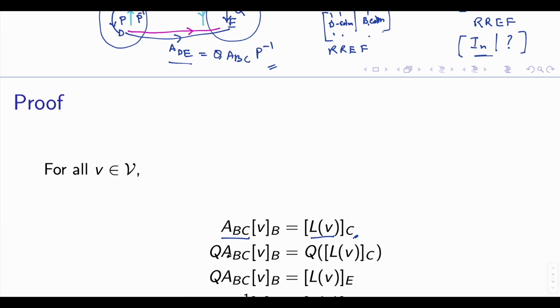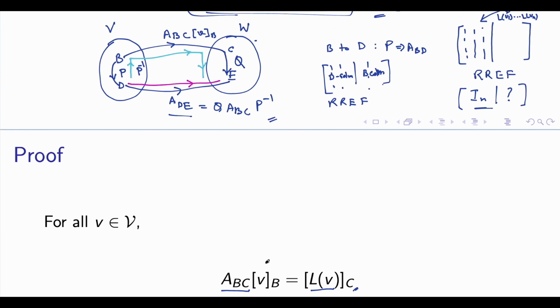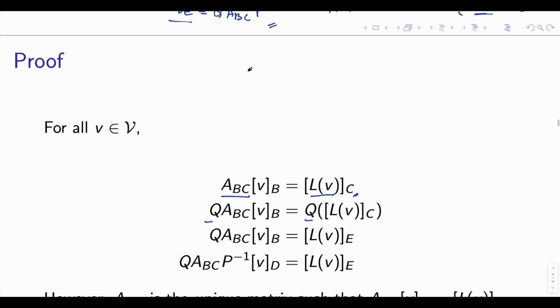And then if you pre-multiply by Q on both sides, you are still in the same domain, but the basis changes from C to E, because Q is going from C to E. So what has happened here is that the left-hand side is as it is, but the right-hand side changes to the E basis, right?